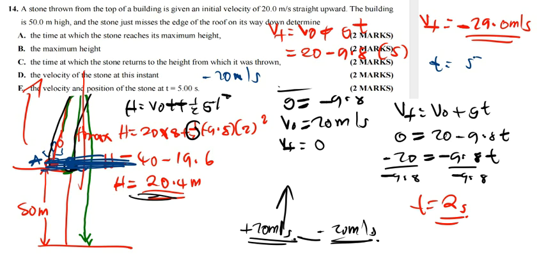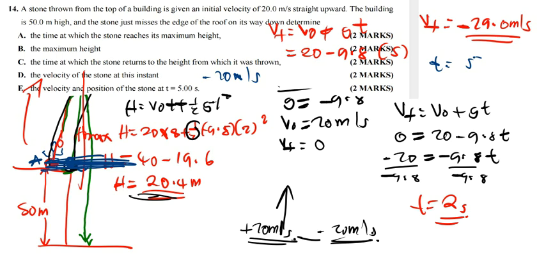We have not yet reached. But we said reaching at point C, what is the time? It's 4. But now we are talking about t is equal to 5, meaning we have already left. That's the reason why the velocity is now negative 29. Because when t was equal to 4, the velocity was negative 20. Now it's negative 29. So we have already passed.